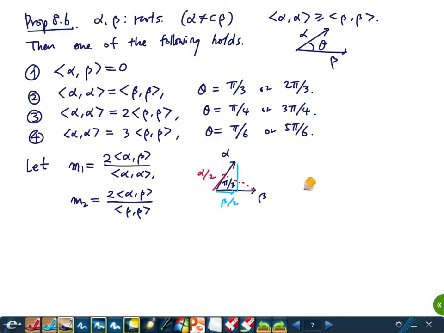Or we have pi over 4. In this case, this is alpha, beta. Project here, this is just the same, beta. If you project onto alpha, this is alpha over 2. The fourth case, we have something like this.